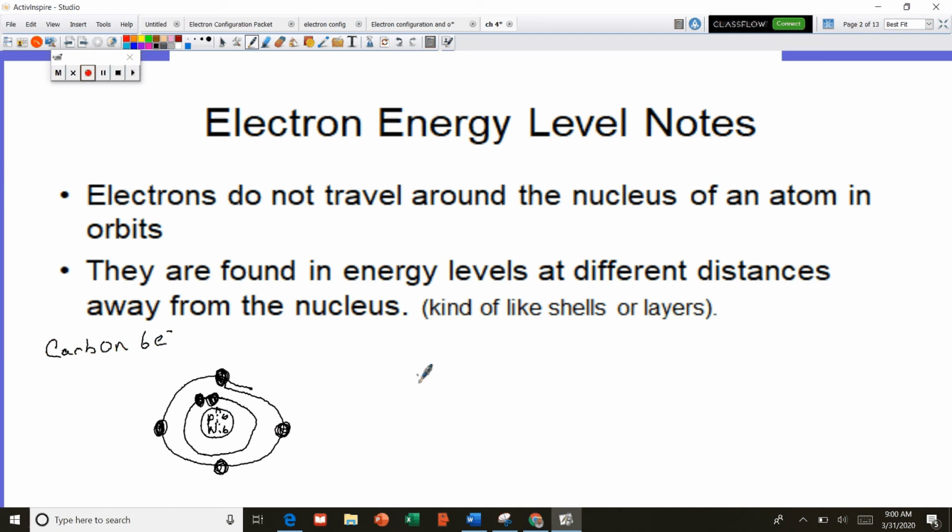The way this model is right is that it shows these electrons are a fixed distance away from the nucleus, and they have a certain amount of energy that causes them to be a fixed distance away. But rather than refer to the electrons in energy levels like this, we would say that carbon has a quantum level of 2 because it's in the second period.